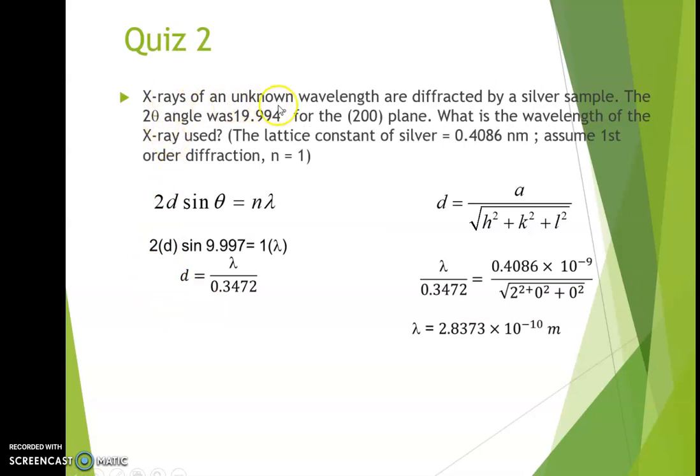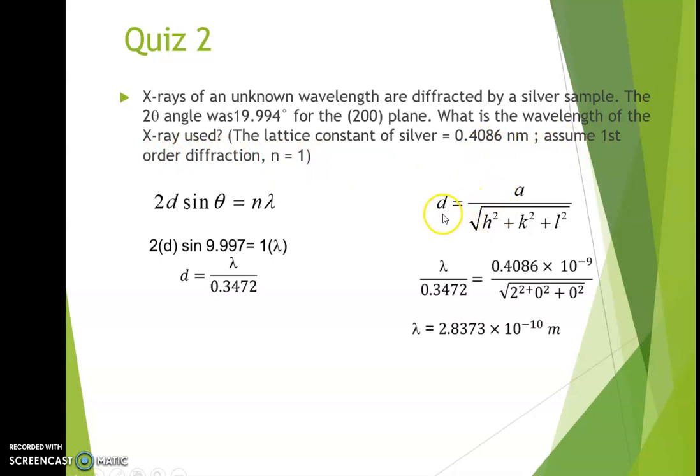Second quiz. X-rays of unknown wavelength are diffracted by a silver sample. The 2 theta angle was, I think, 19.94, and we already know we must divide it by 2. For the plane 200, what is the wavelength of the X-ray used? The lattice constant of silver is already given. So what should we do?